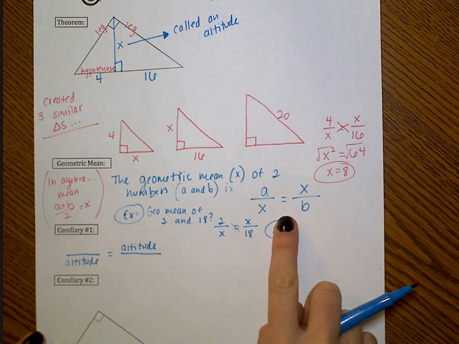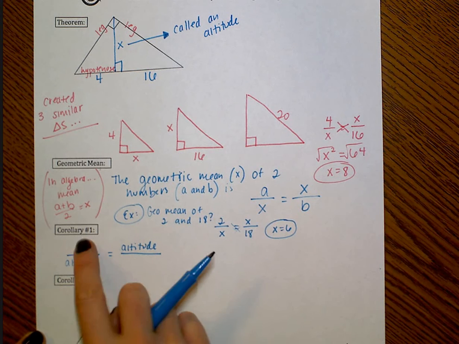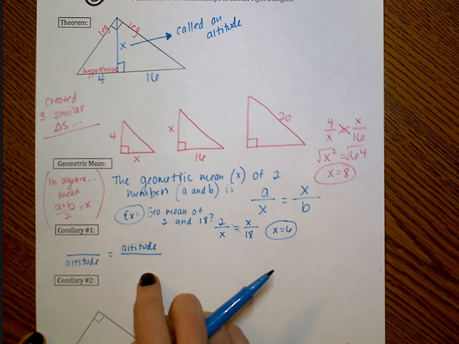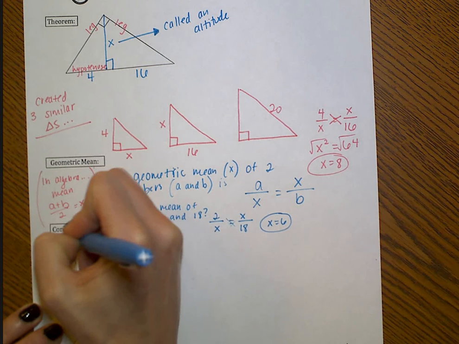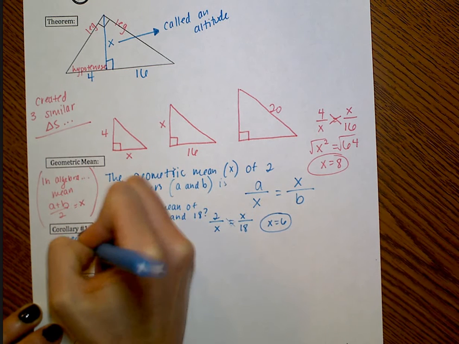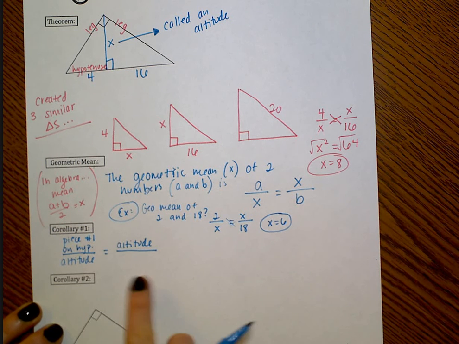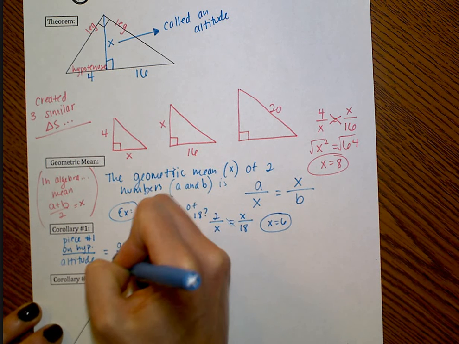It's the geometric mean of the two pieces on the hypotenuse. So the numbers that you would put on the other diagonal are the two numbers on the hypotenuse. So I'm going to write piece number 1 on the hypotenuse. And down here, I'm going to write piece number 2 on the hypotenuse.